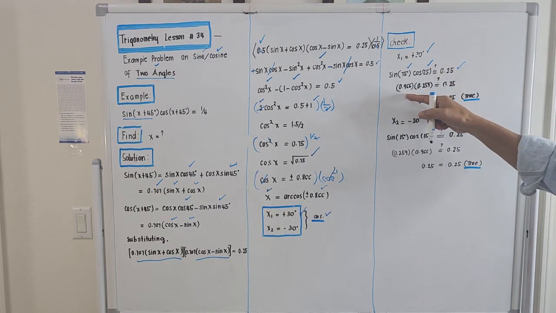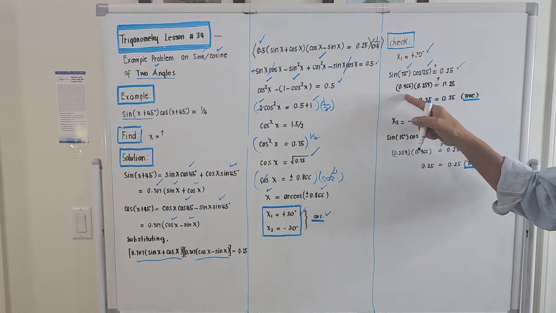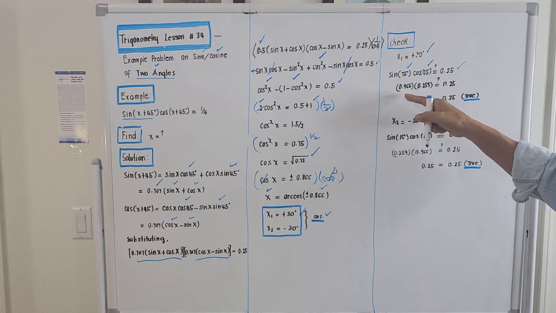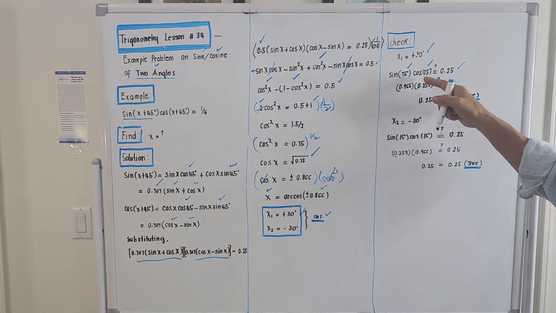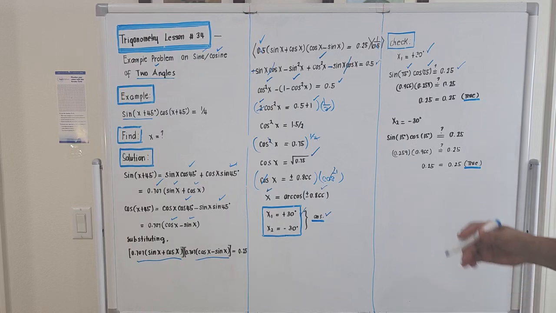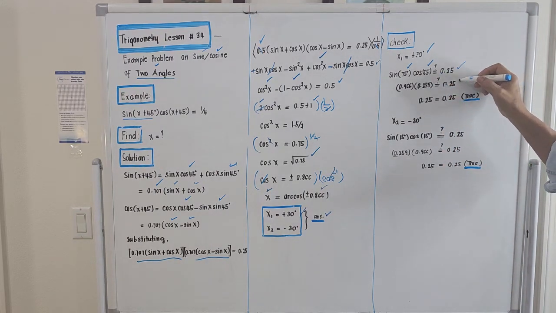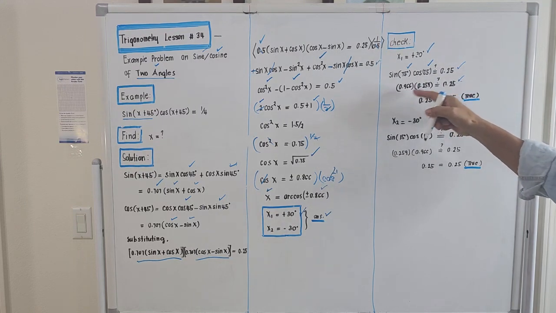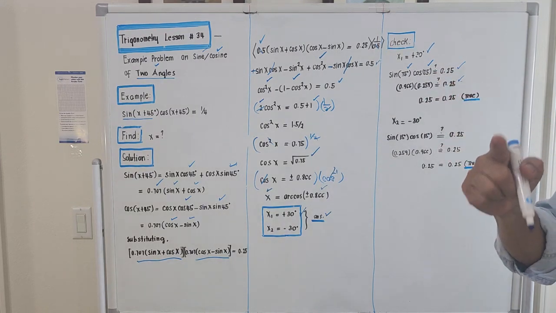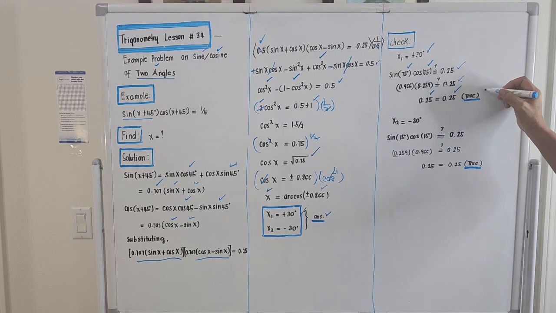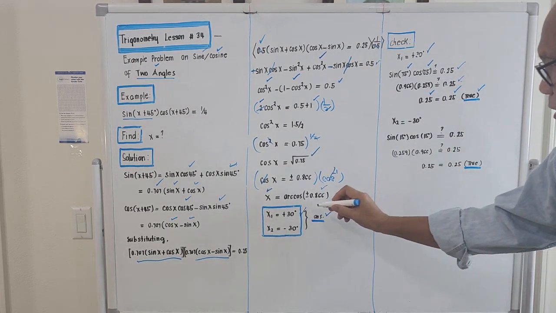This is 0.966. 75 degrees is very near 90 degrees, so the value is very near 1. It's 0.966. And cosine of 75 degrees, it's a small value, it's 0.259. Will it be equal to 0.25? The product of this, if you use your calculator, is really 0.25. 0.25 equal to 0.25, it's true. So this is correct.